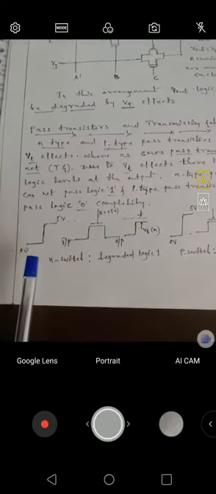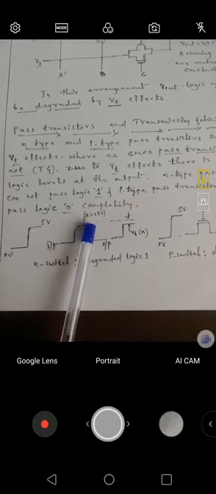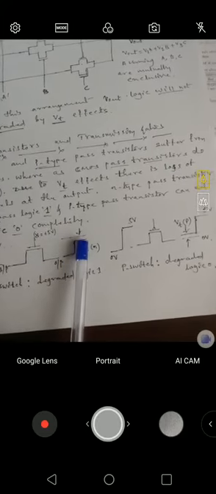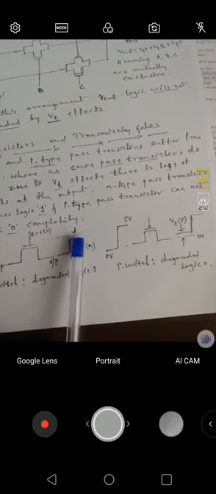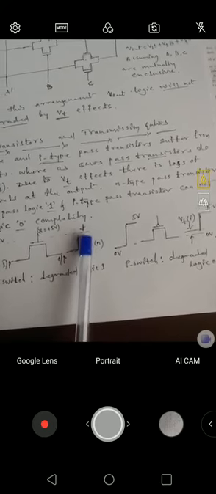Now consider the pass transistors and the transmission gates. Here, when the input is 0 to 5 volt, when you apply it to an NMOS transistor, we can call it a switch. You can pass 0 as it is, but there is a loss or degradation in the 5 volt logic high.